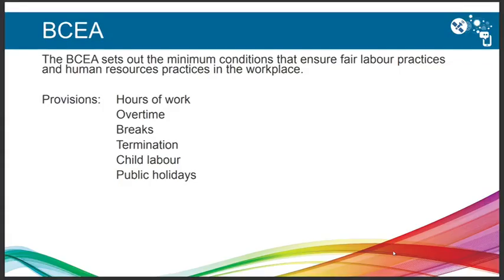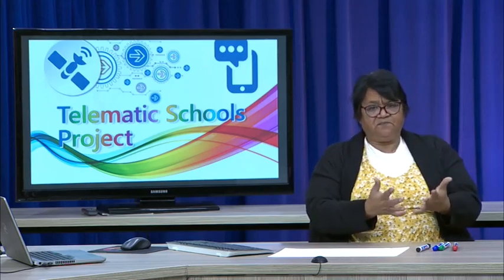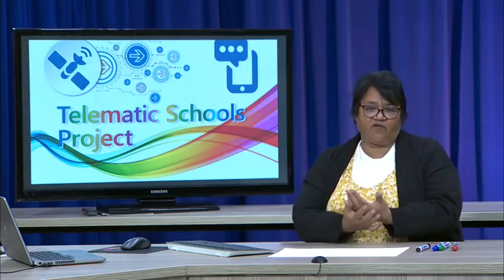Right, so if we look at the Basic Conditions of Employment Act first, this sets out the minimum conditions that ensure fair labour practices and human resource practices in the workplace. Okay, so within your basic conditions, like the name says, Basic Conditions of Employment.